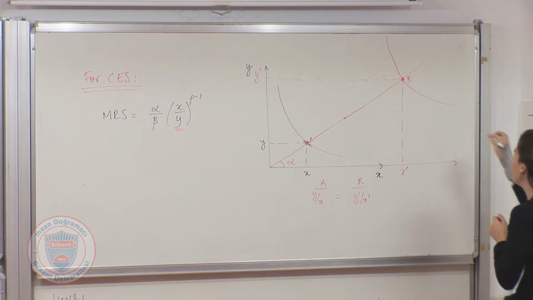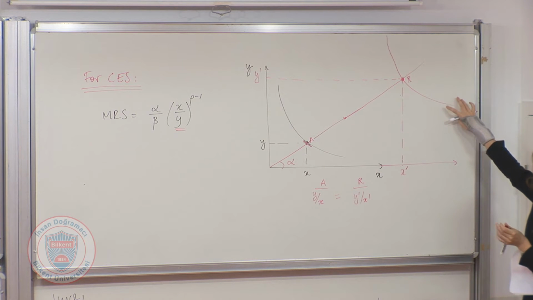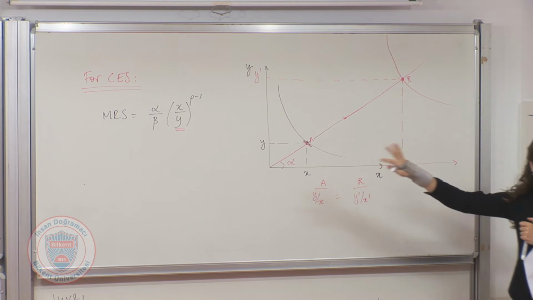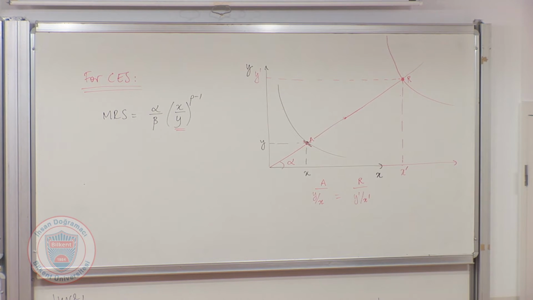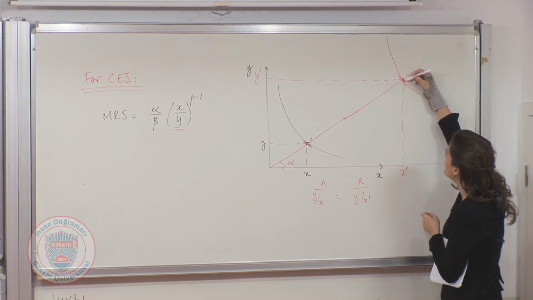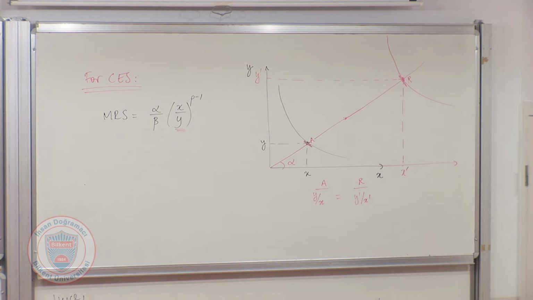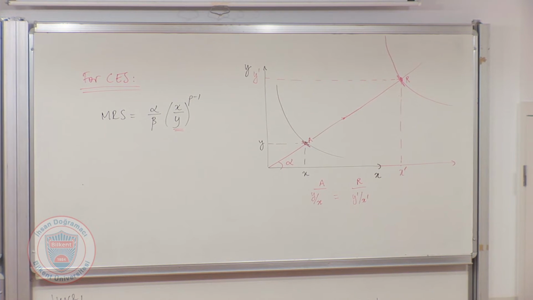But what does this say? Let's say Rahmi Koç is on an indifference curve like here, and the poor Akbaba is actually here, okay? What do I know about MRS of Rahmi Koç at this point, R? When we increase x, the amount that we give up from y is the same.